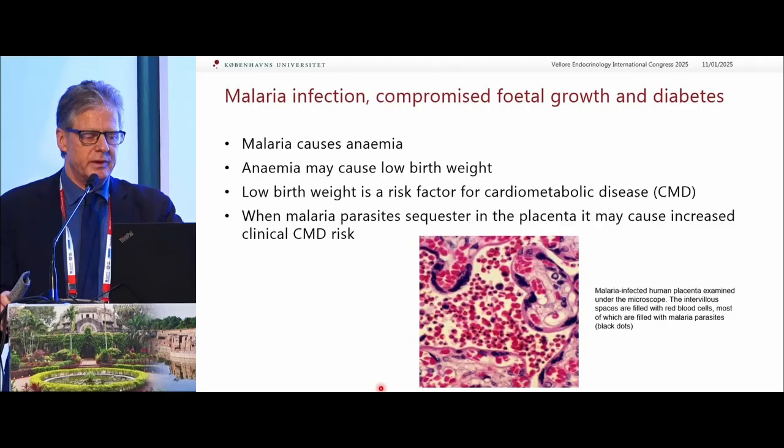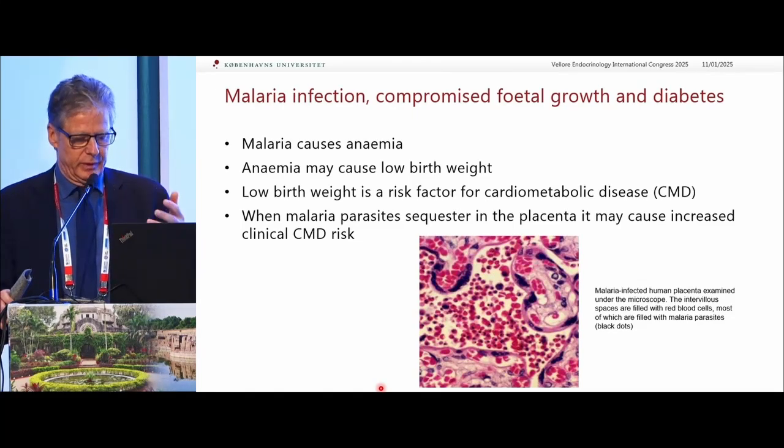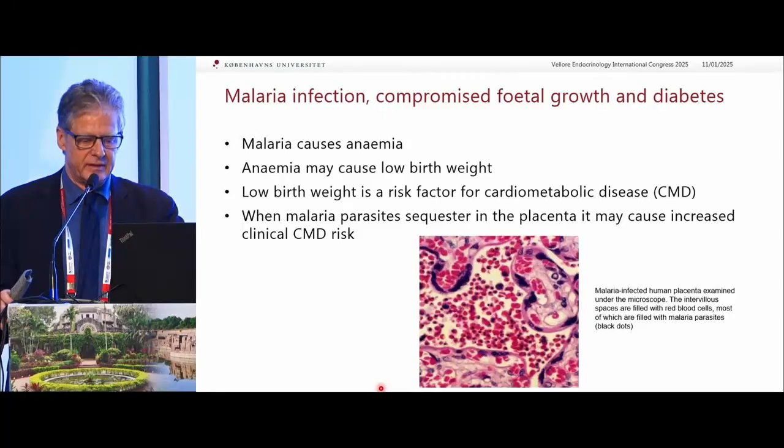But what happens when malaria parasites sequester in the placenta? This may cause an increased clinical cardiometabolic risk, and that's what we set out to examine, to see if we could find some associations. The picture you see there is a placenta infected by malaria parasites.